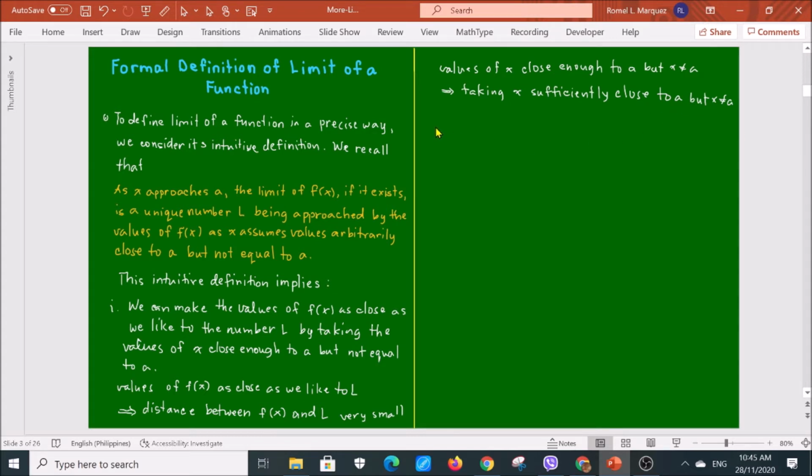Okay? Now let's try to get another way of saying this from these two phrases. When we say the distance between f of x and L is very small, by taking x sufficiently close to a but x not equal to a, so let's put that in a statement.